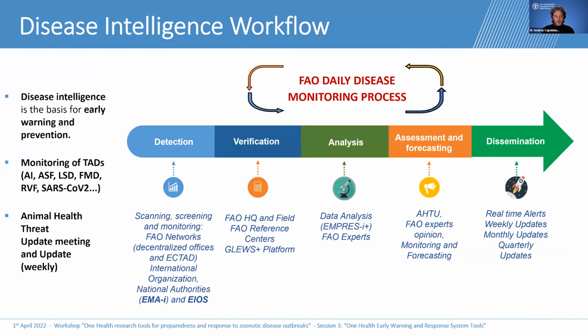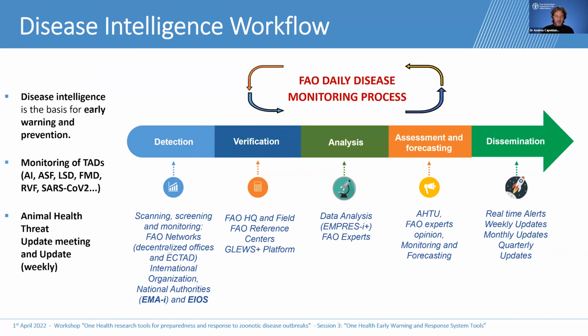Within the animal health services, we have a disease intelligence workflow that we implement on a routine, daily basis. So we have detection procedures that start from collecting information from the field.